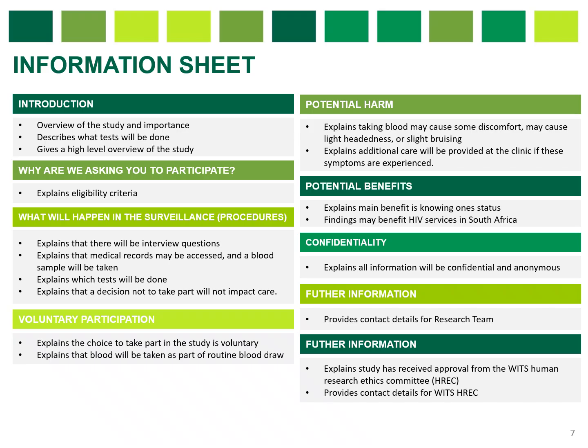But of course, we will use this information to improve services in South Africa. Confidentiality explains that the information will be kept confidential and anonymous. Further information gives contact details for the research team, so should they have any questions afterwards, who they can reach out to. And of course, for further information, we also provide details about the ethics committee.